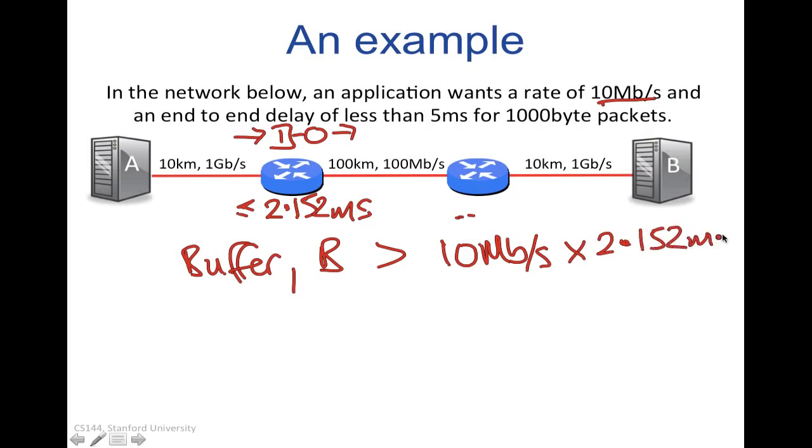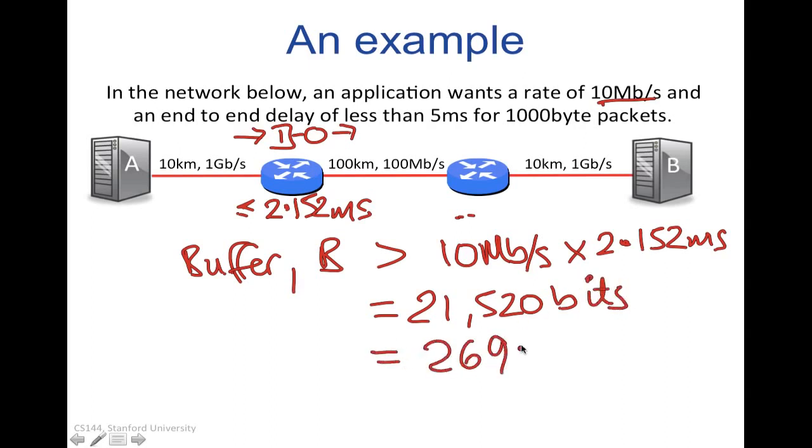2.152 milliseconds. Okay, and so this ends up as 21,520 bits, which is 2,690 bytes. So I've got roughly 3 packets worth of delay that I must have. So basically what this tells me is using weighted fair queuing, I will serve each of these queues at a rate of 10 megabits per second.